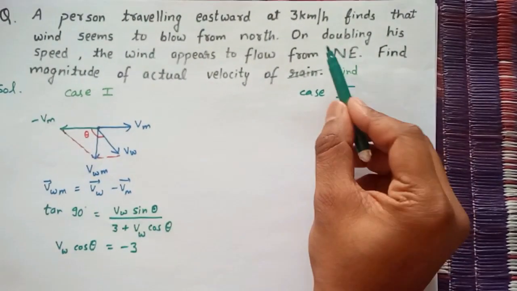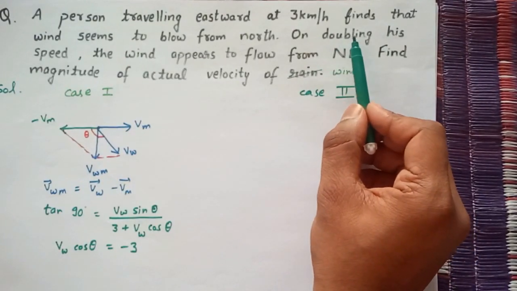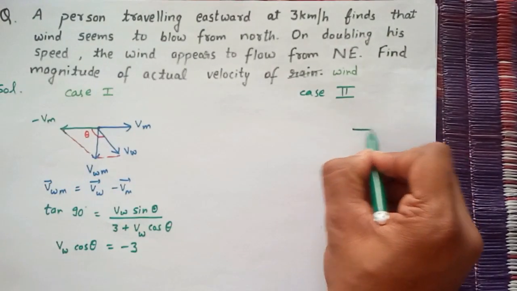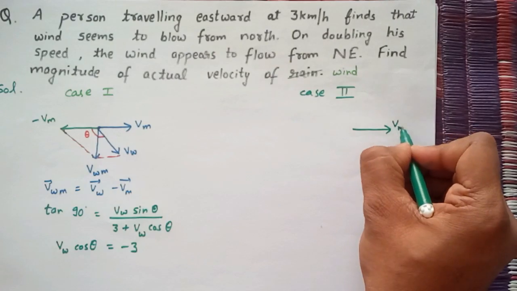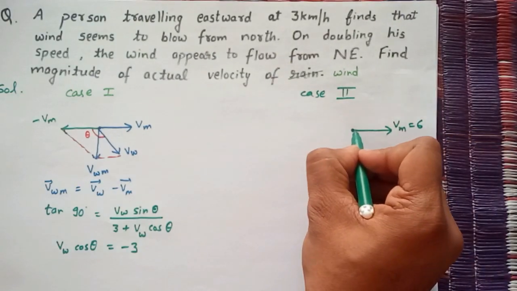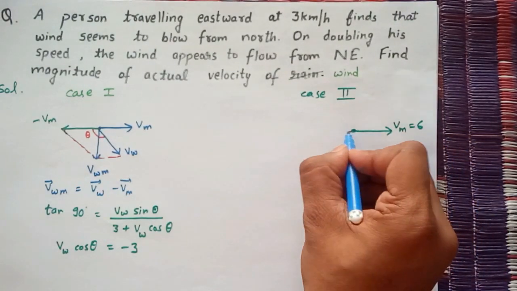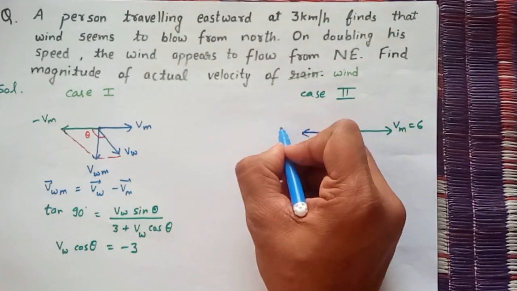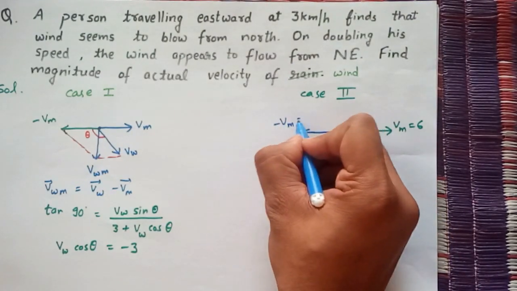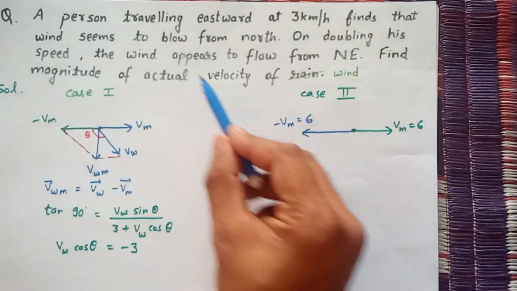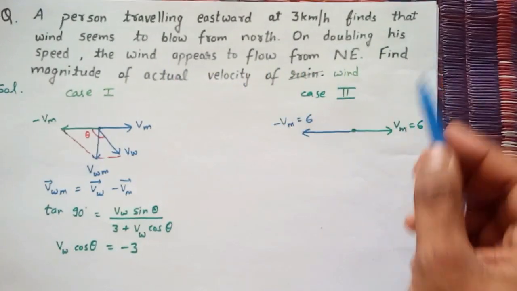Now in case second, when the person has doubled his speed, velocity of man becomes 6. In the opposite direction, velocity of man is again 6, and then wind appears to flow from northeast.